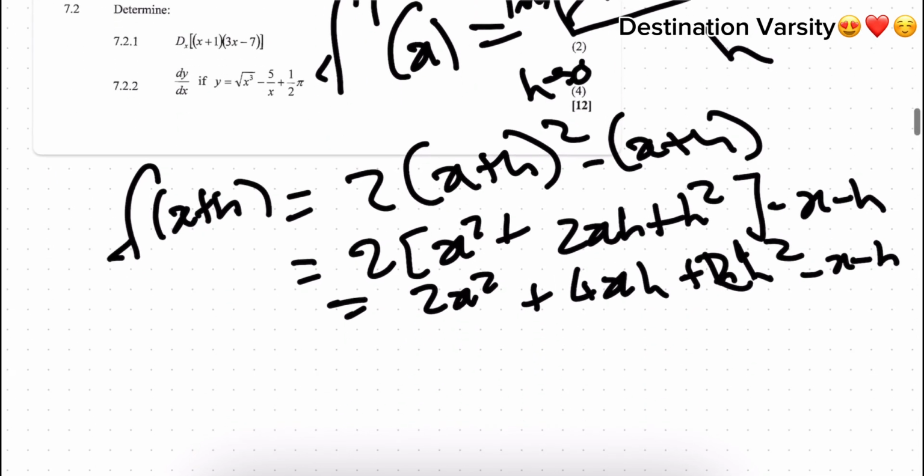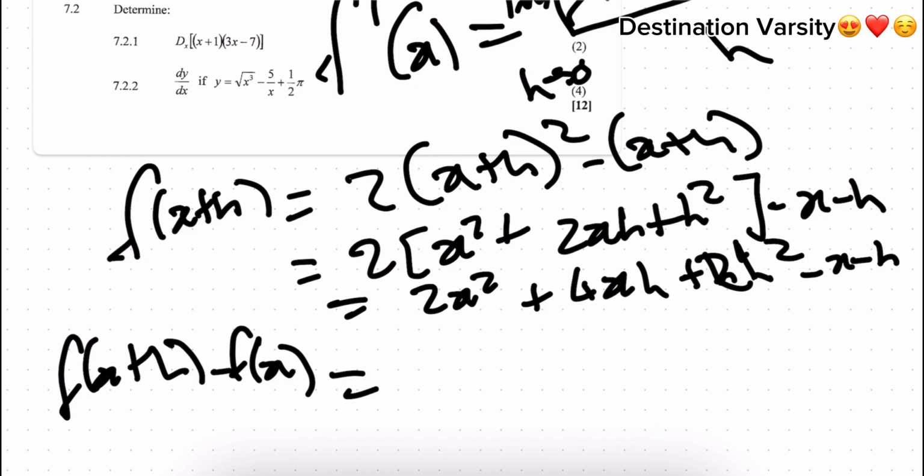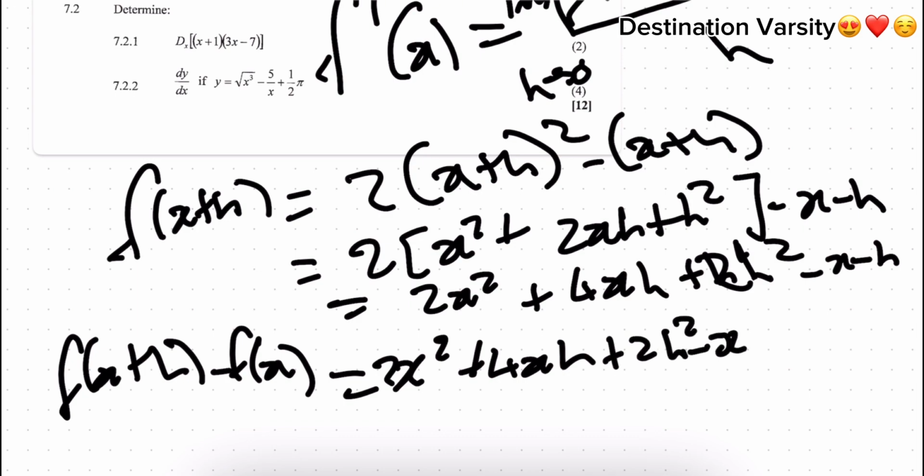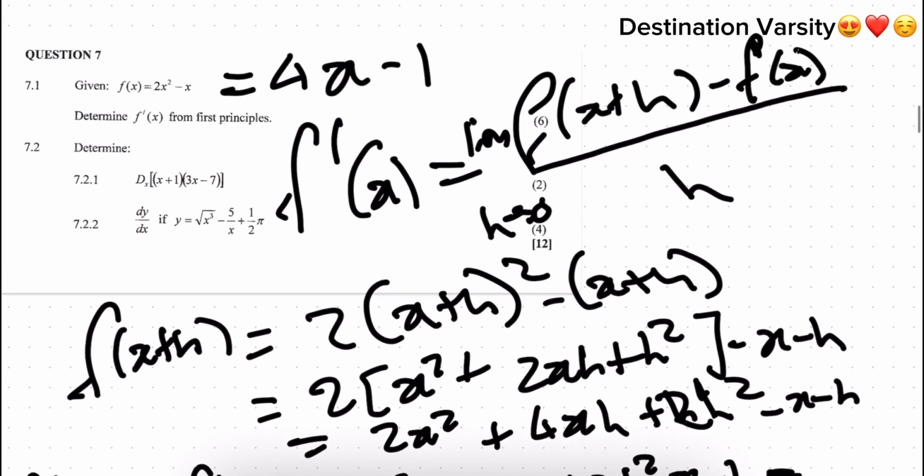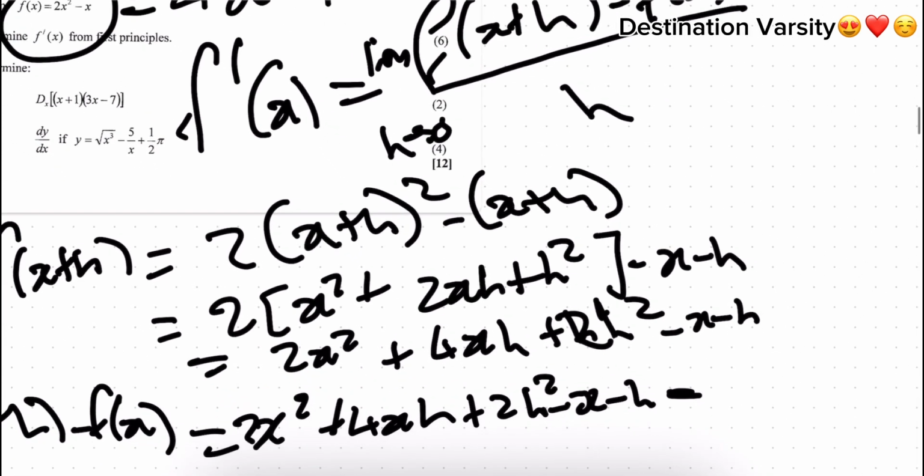Okay, cool. So what is f at x plus h minus f at x? It's going to be 2x squared plus 4xh plus 2h squared minus x minus h. Then you minus the original function, which is literally this one, because that's your f at x. This is so simple. I'm just doing it so that people don't complain and ask why I didn't do it.